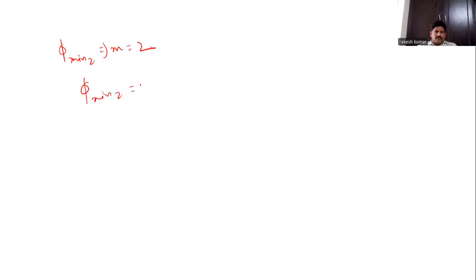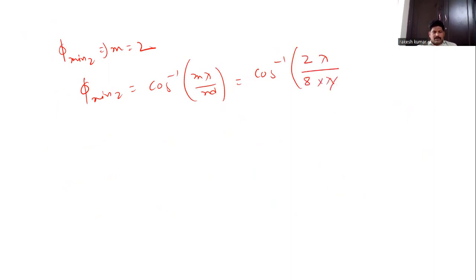Therefore, phi minimum 2 is equal to cos inverse of m lambda by n d, that is, cos inverse of plus or minus 2 lambda by 8 into lambda by 2. Lambda gets cancelled, so it is cos inverse of plus or minus 1 by 2.